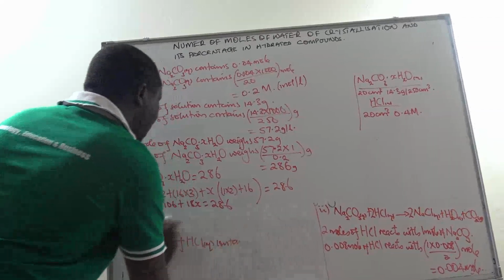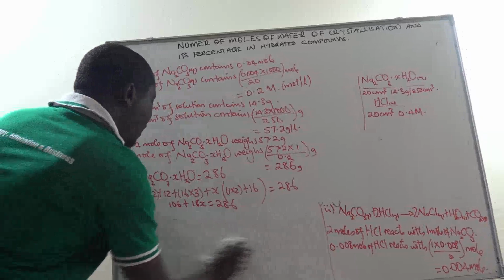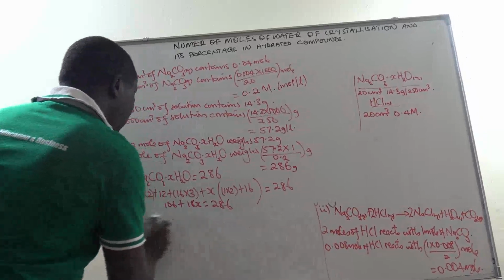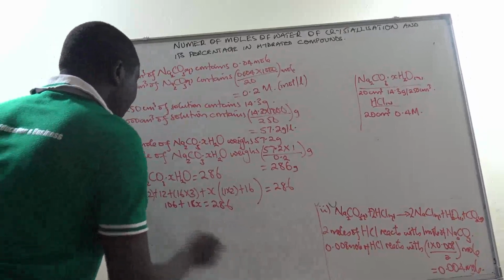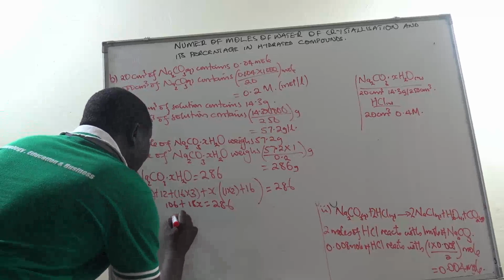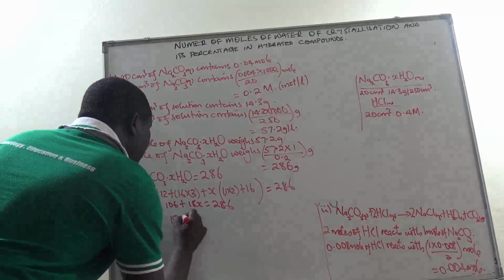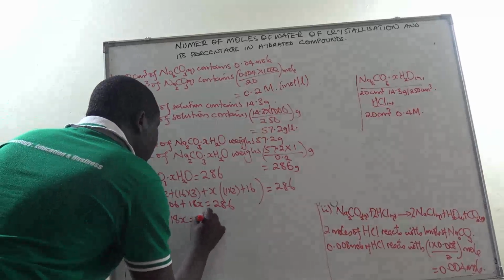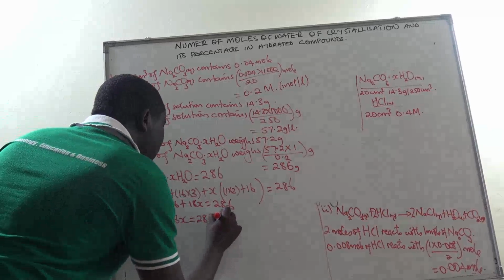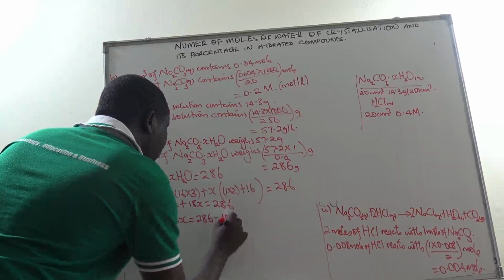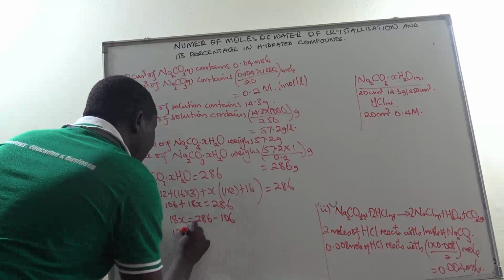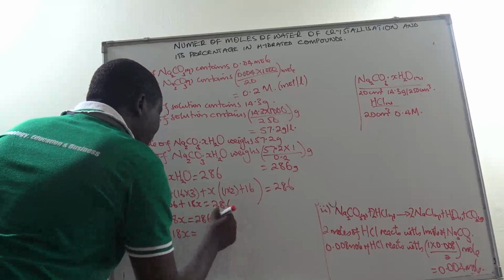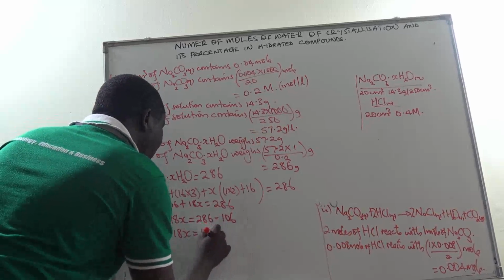Allow me to remove this one here as we move slowly. So in this case, our 18x, we are subtracting 106 from both sides, is equal to 286 minus 106. So 18x is equal to 286 minus 106, which is 180.